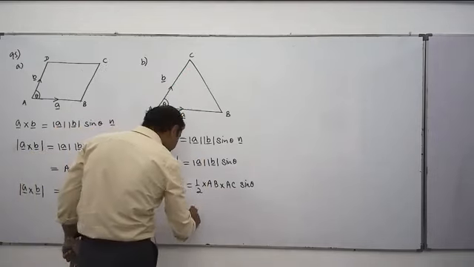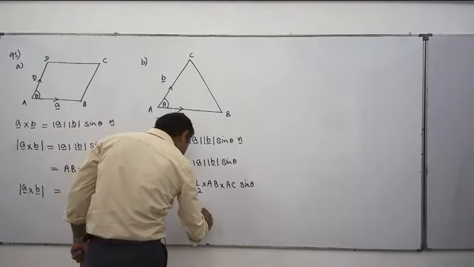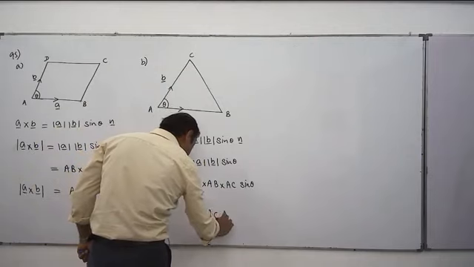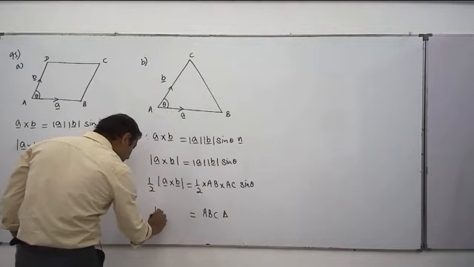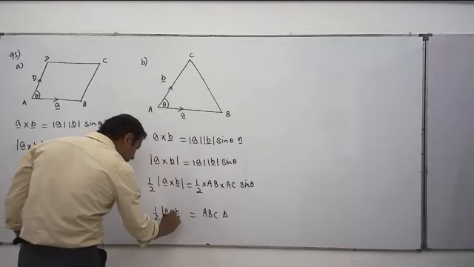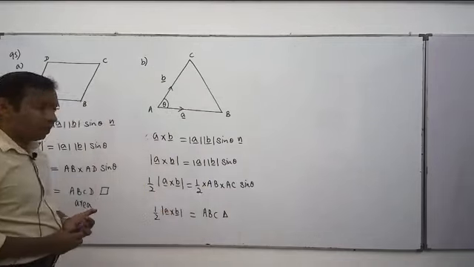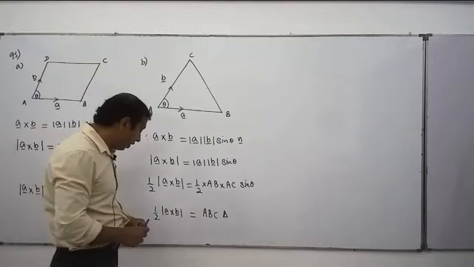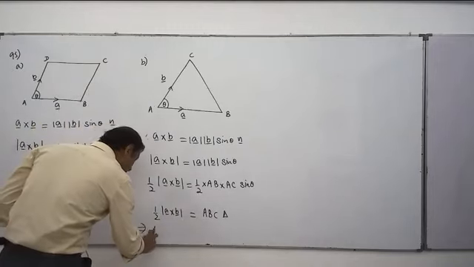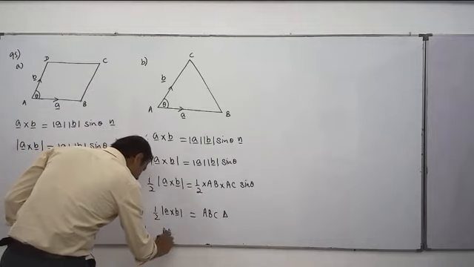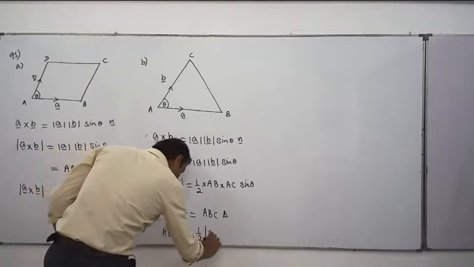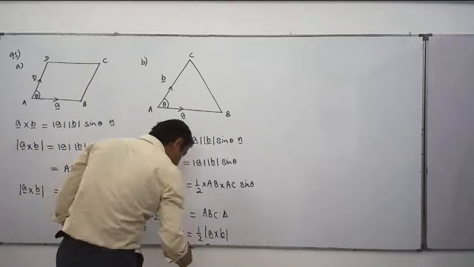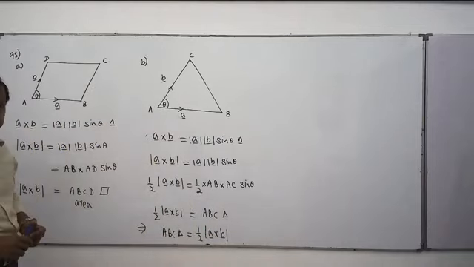So therefore, this part means ABC triangular area. Finally we get the answer this way: ABC triangular area is half modulus of A cross B. That way we can take the answer. Right, people?